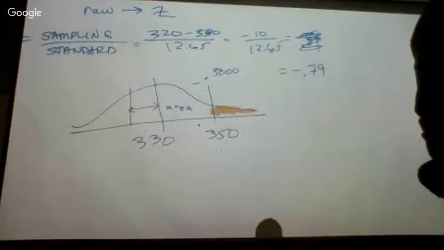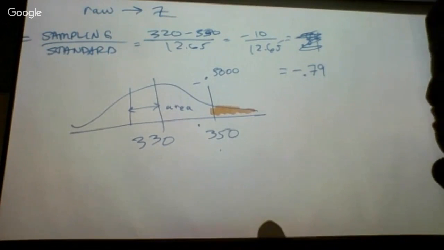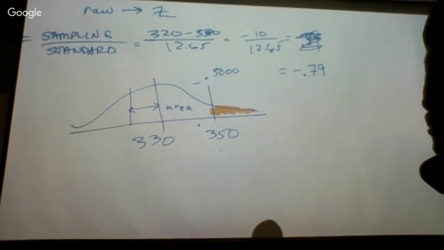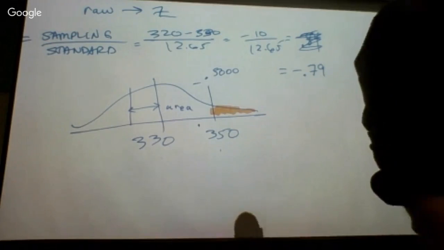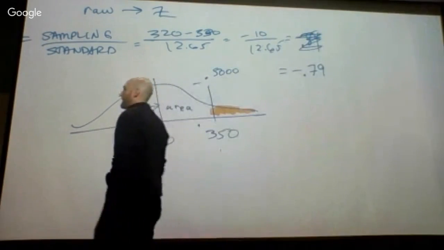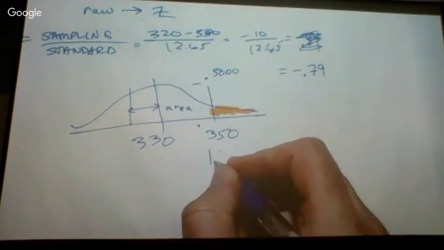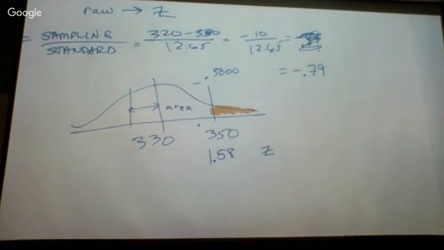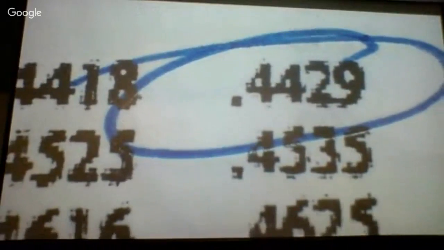Here's a property of sampling error and z-scores. Double the sampling error, double the z-score. The distance before was 10, and 10 is now 20. 0.8 is now 1.6, or 1.58. 0.4429 is what we're after.